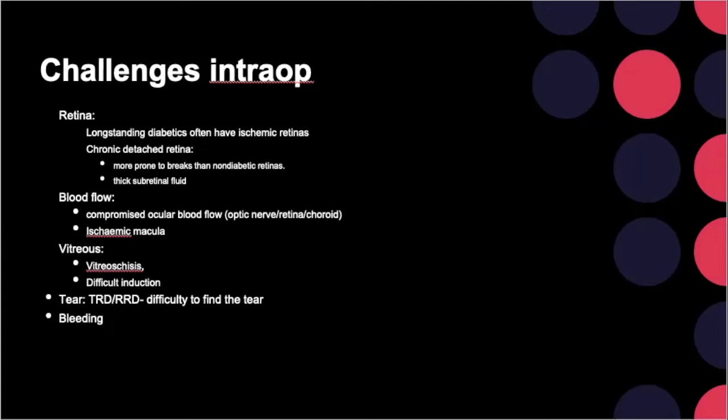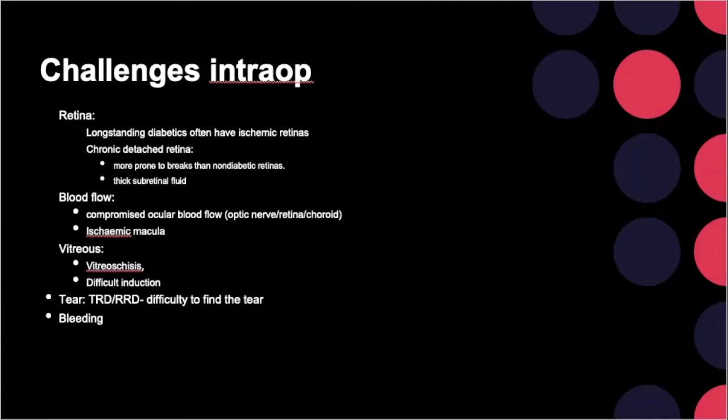Now we also have to remember that, compared to those people who have vitrectomy, diabetic patients have compromised ocular blood flow, either involving the optic nerve, the retina, or the choroid. They can also have an underlying ischemic condition of the posterior pole or the macula. Now, when it comes to vitreous, it's not only about dealing with the separation of the posterior hyaloid, but also the presence of vitreous schisis among our patients.